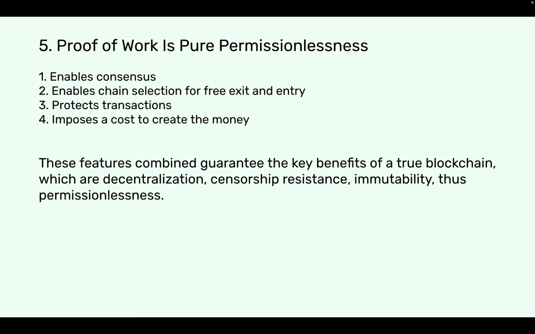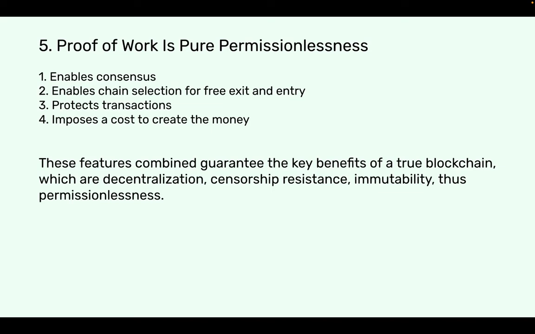So the fact that proof of work blockchains impose a real physical cost to create the money each time they create a block makes that money, in this case Ethereum Classic, or in the case of Bitcoin, similar to, or an analogy of, digital gold. This is why Ethereum Classic is called programmable digital gold.